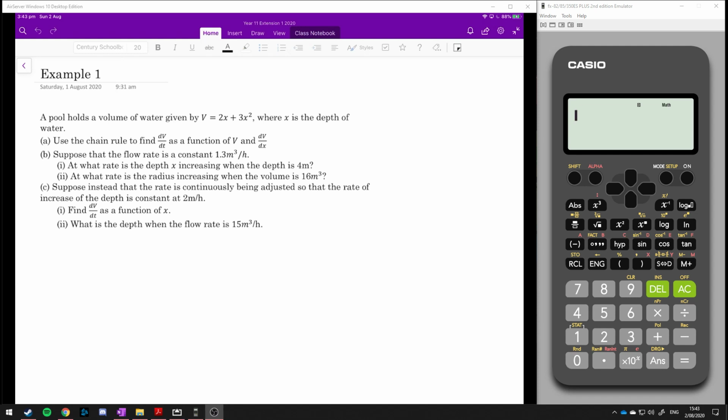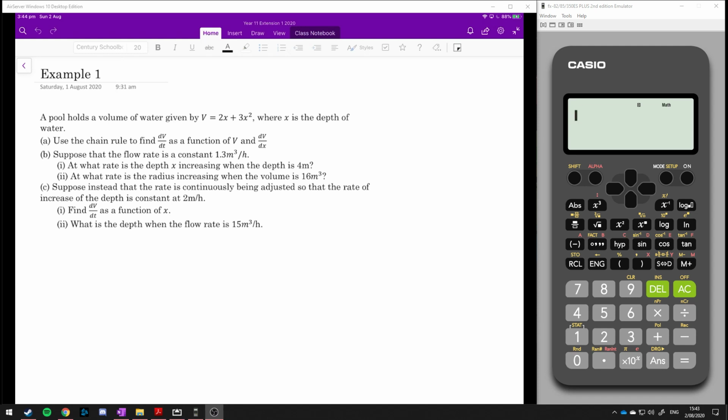Suppose that the flow rate is a constant 1.3 meters cubed per, I suppose that's meant to be per time in seconds. But anyway, at what rate is the depth x increasing when the depth is 4 meters? And then at what rate is the radius increasing when the volume is 16 meters cubed?